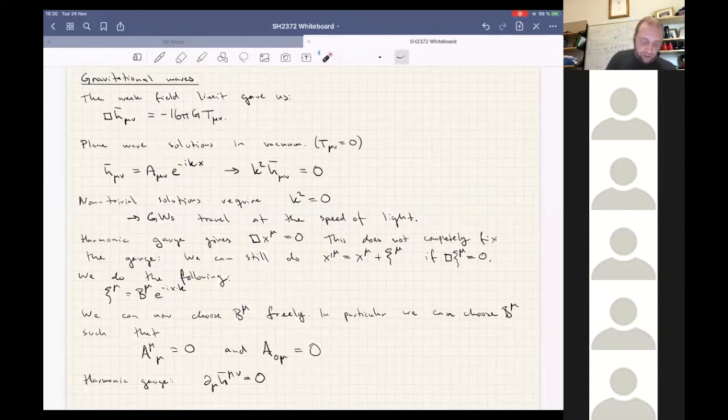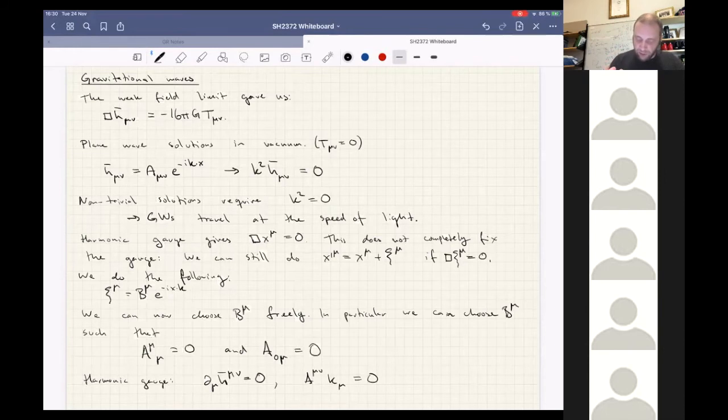So if we insert this plane wave solution into this condition, which follows from harmonic gauge, this means that A^{μν} k_μ is equal to 0. So that's what the harmonic gauge gives us essentially.